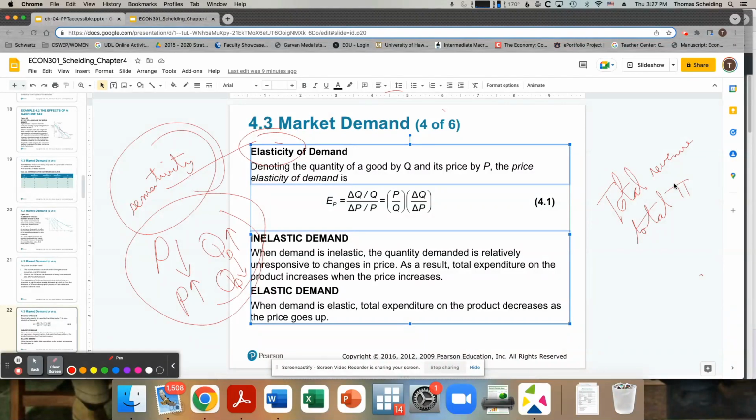Okay, so what each of those companies would need to determine is how unwilling is a consumer to change brands based on the price.